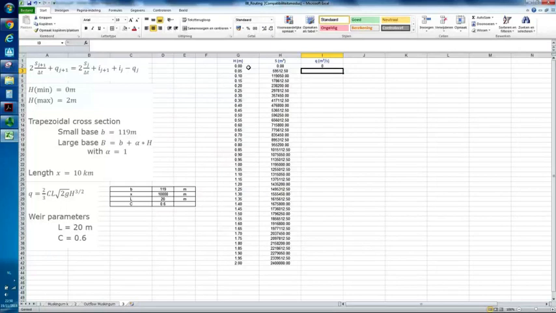Again, of course, if we're at the weir crest level, there is no outflow, so that's also logical.